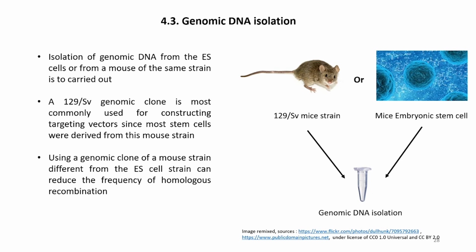A 129 SV genomic clone is most commonly used for constructing targeting vectors, since most stem cells are derived from this particular mouse strain. Using a genomic clone of a mouse strain different from the embryonic stem cell strain will reduce the frequency of homologous recombination.